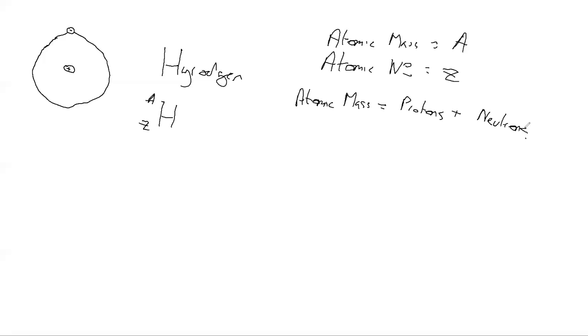There we go. And that's why that therefore tends to sit over there as the A. This is the larger number. And obviously the atomic number is the number of protons. I better write that down, hadn't I? Atomic number is number of protons. There we go.